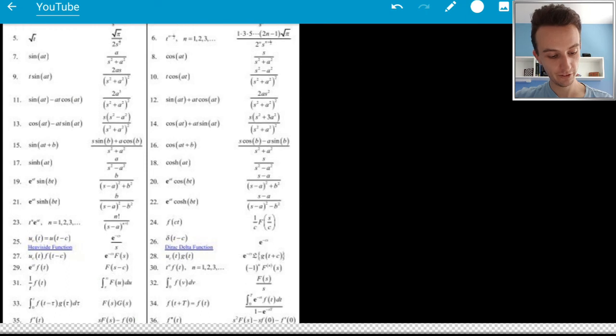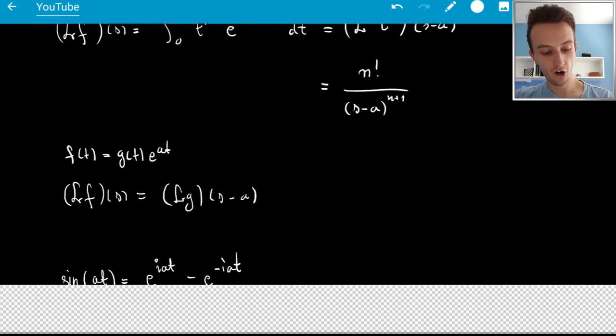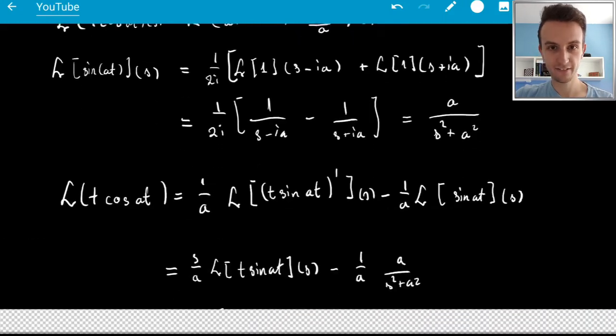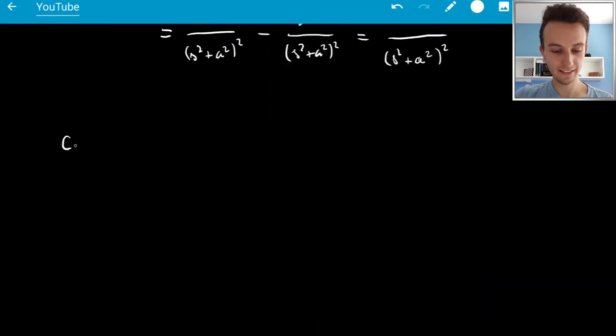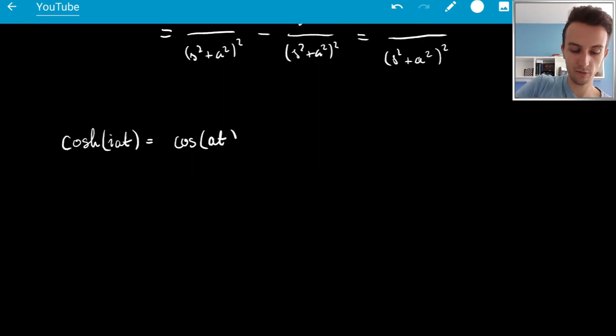Okay, so pretty much the only ones left now would be cosh and sinh, and I'm not going to do this one explicitly, but I will just say that cosh iat is equal to cos at, okay. And then sinh, well, let's see, I have to differentiate because I never remember. This one is easy to remember, but let's do it by d by dt.